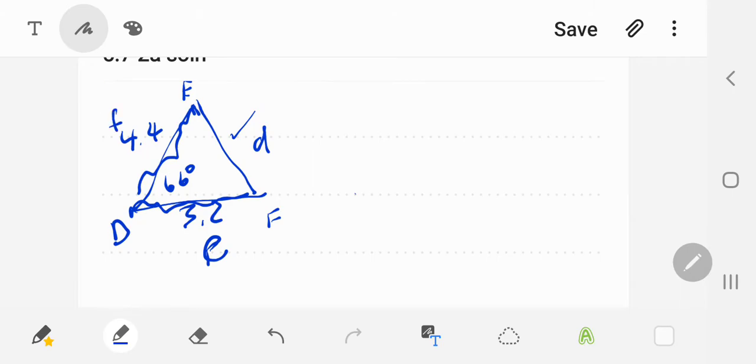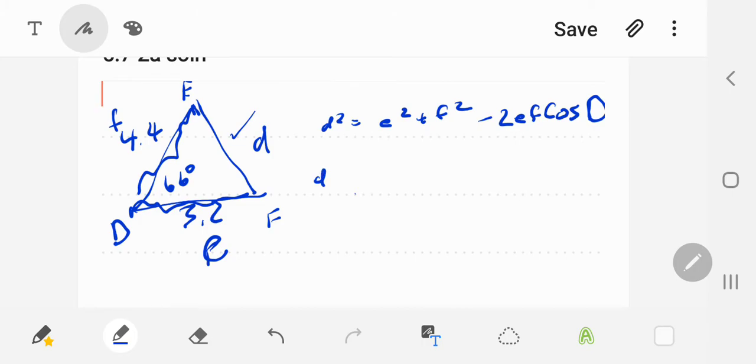So just like before, when we use our cosine law, we start with d squared is equal to e squared plus f squared minus 2 times EF cosine of the angle D. So now let's do our substitution.